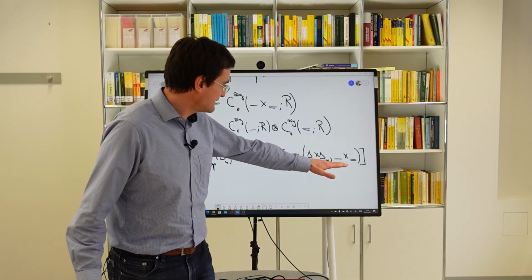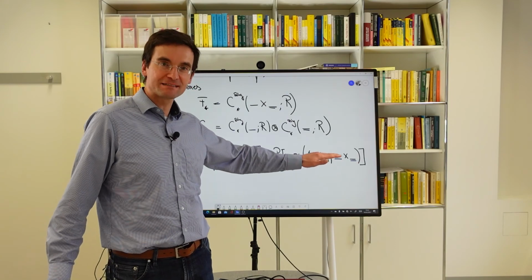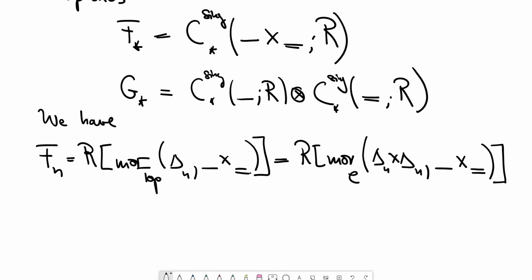The morphisms in the category C are products of maps. So this is really the same thing, just written in a different way, and so written that we see immediately that this is a free RC module with model delta n times delta n.